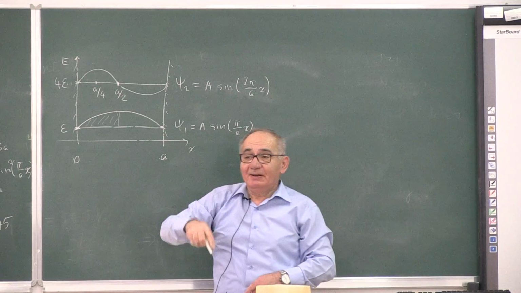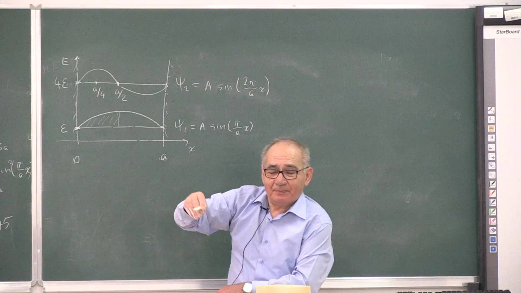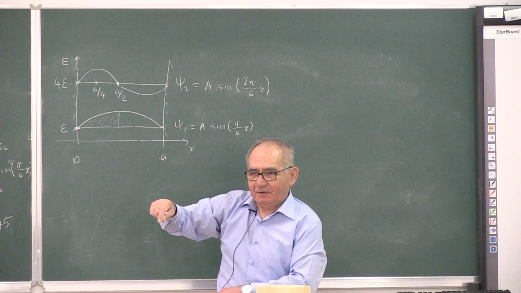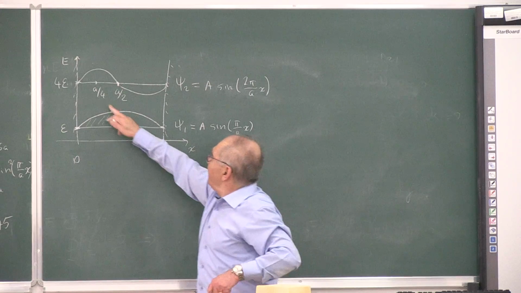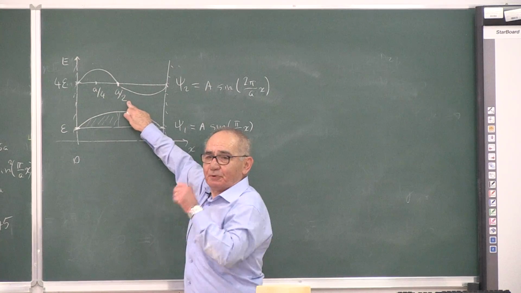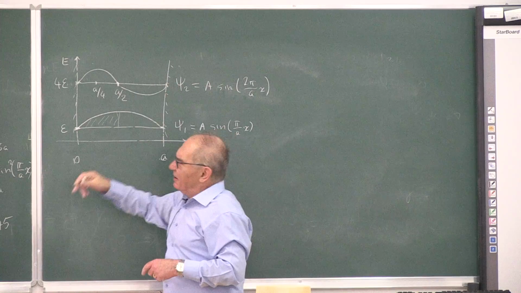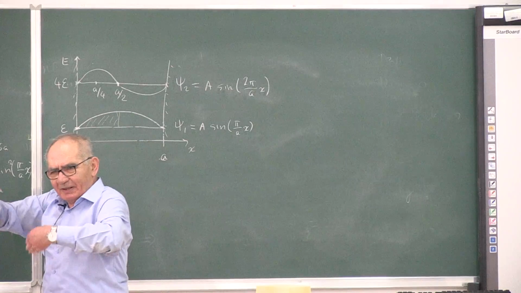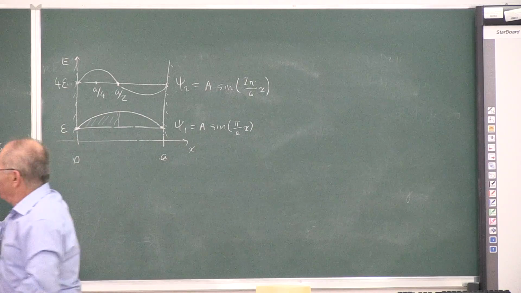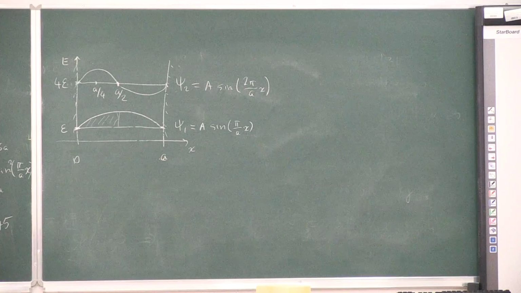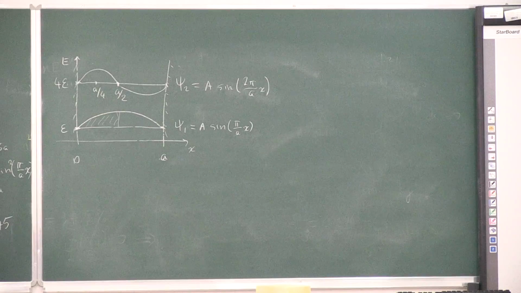Suppose we have a problem like this. What is the probability of finding the particle between a over 4 and a over 2 in this state? If we use the mathematical procedure, what are we going to do? We are going to take this expression. We will write psi 2 here.